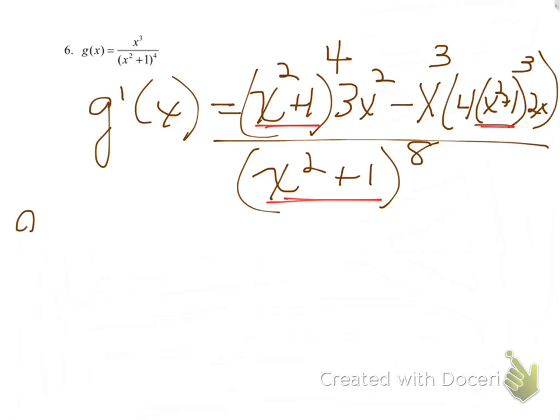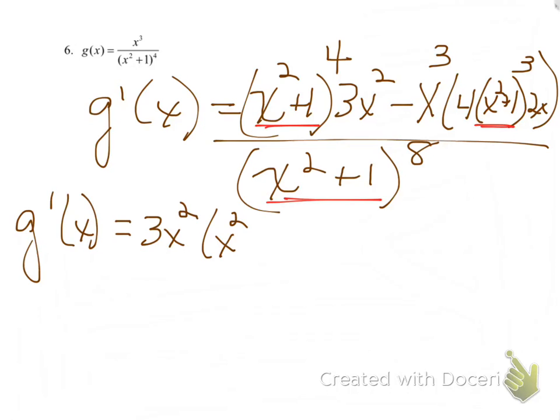Okay, so g prime of x, if I clean things up, I'm going to bring the 3x squared to the front, and I still have my x squared plus 1 to the 4th, minus. Okay, so now I have 4 times 2x times x cubed, so that's going to be 8x to the 4th.